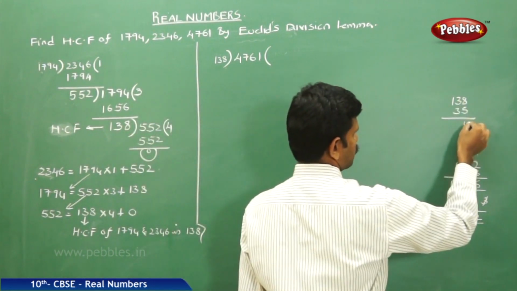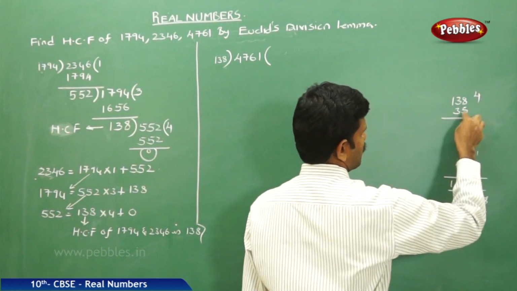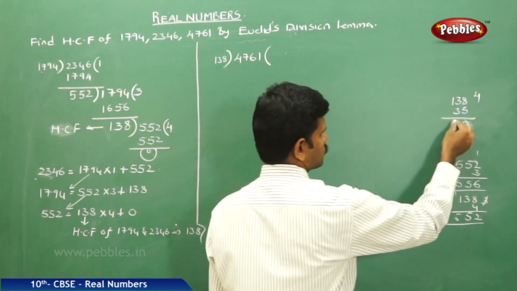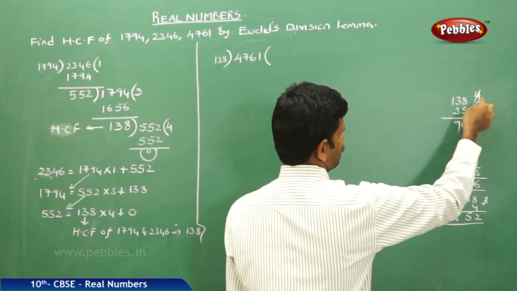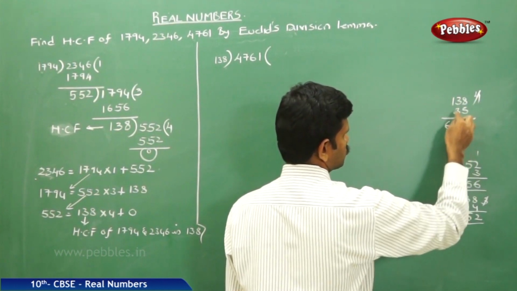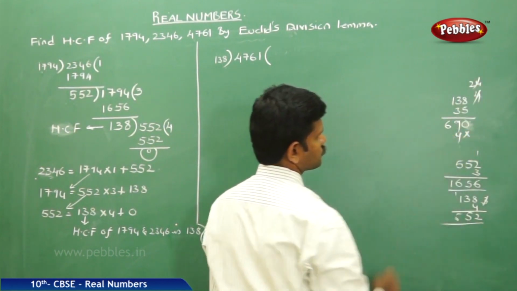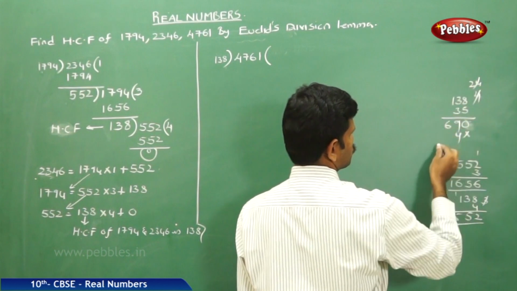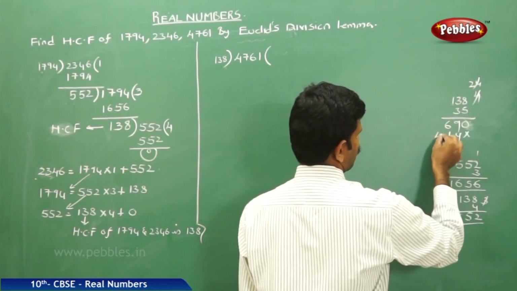5 8s are 40, 5 3s are 15 plus 4, 19, 5 1s are 5 plus 1, 6. Into 3: 3 8s are 24, 3 3s are 9 plus 2, 11, 3 1s are 3 plus 1, 4.